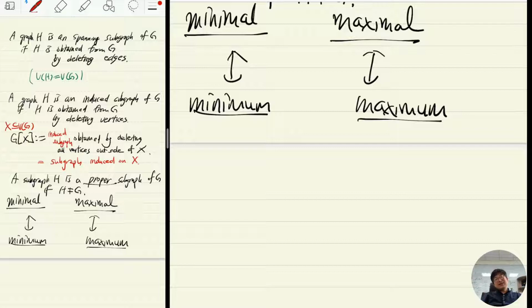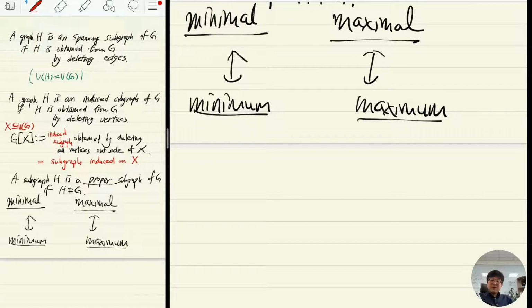When we say, in a collection of sets, that some property holds, and this set has the property and it's minimal with respect to that property, what does that mean? That means this set satisfies this property, but no proper subset satisfies this property. Then we say it's a minimal set satisfying this property. When you say some set is minimum satisfying this property, that means it's a set satisfying this property and its size is minimum.